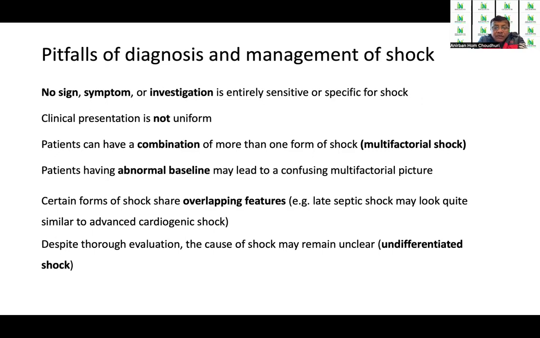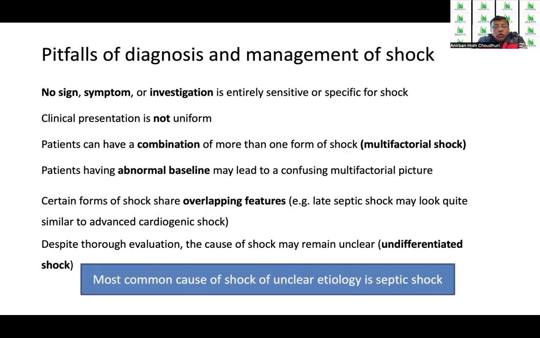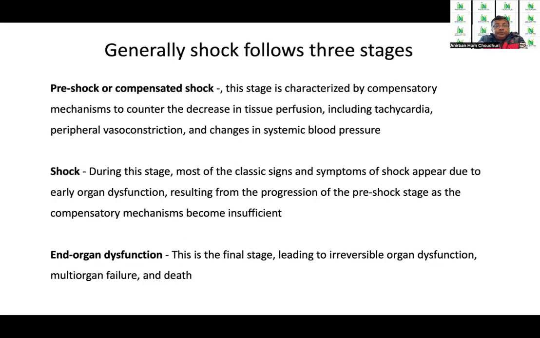Patients can have abnormal baseline values, which can confuse the picture, because it may be on the background of a primary disease. Certain forms of shock share overlapping features; that is, late septic shock may look quite similar to advanced cardiogenic shock. And despite thorough evaluation, the shock may remain unclear, in which case we label it as undifferentiated shock. Among the most common causes of shock of unclear etiology, keep in mind that it is septic shock.